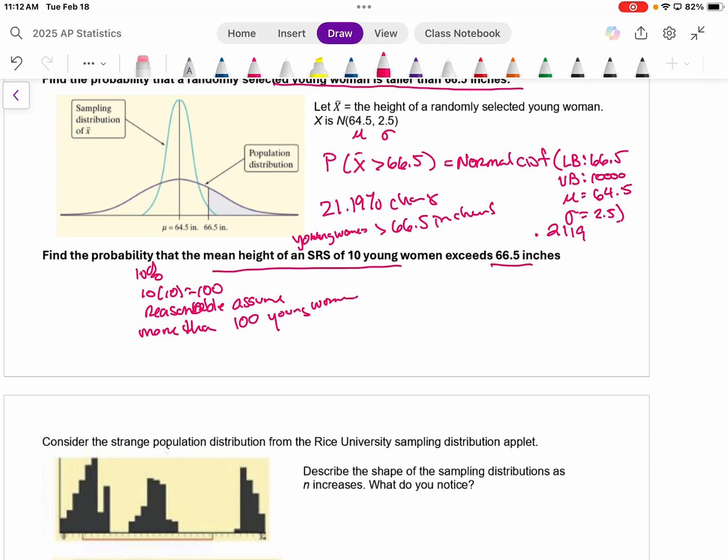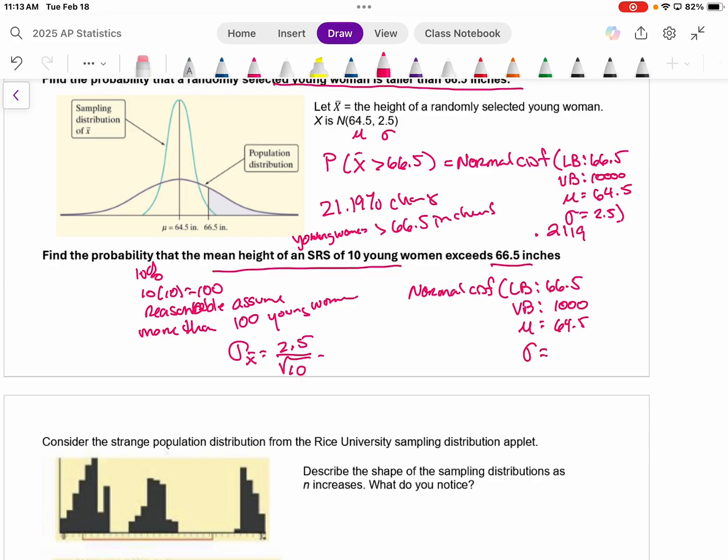And now, with that in mind, I can do my standard deviation of X bar, which would be 2.5 divided by the square root of 10. So normal CDF, lower bound is 66.5, upper bound is something really tall, mean is still 64.5.